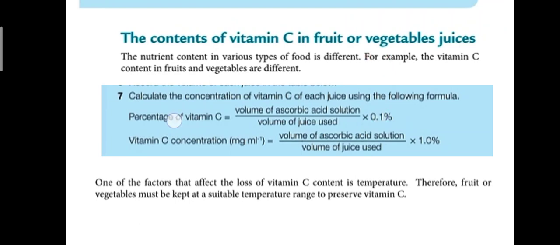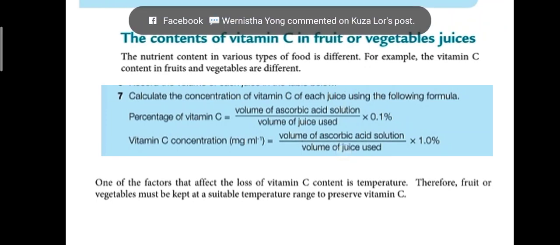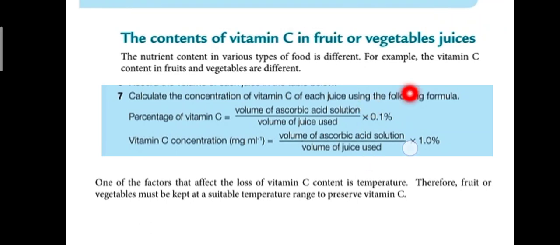Kita akan dapat percentage of vitamin C. Untuk cari vitamin C concentration dalam unit mg per ml, the volume of the ascorbic acid solution used, you divide with volume of juice used, you times with 1%.